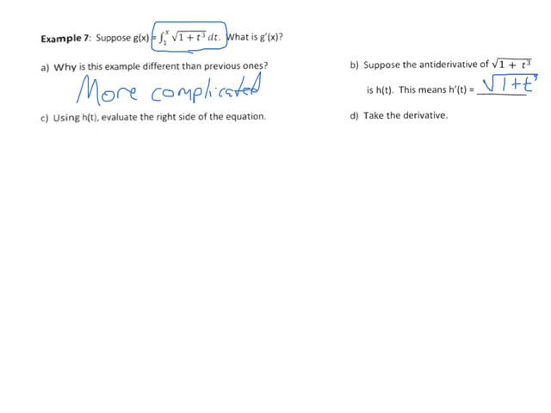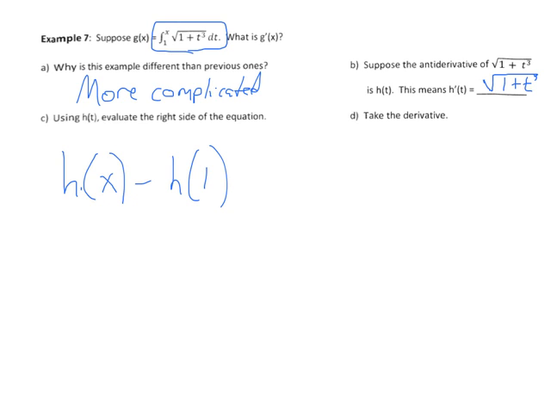So using h of t, let's do the same thing to evaluate the right side of the equation. I would want to take the antiderivative of that, which we said was function h, and I would plug in an x, and then plug in a 1 and subtract them. And then in part D, I want to take the derivative.